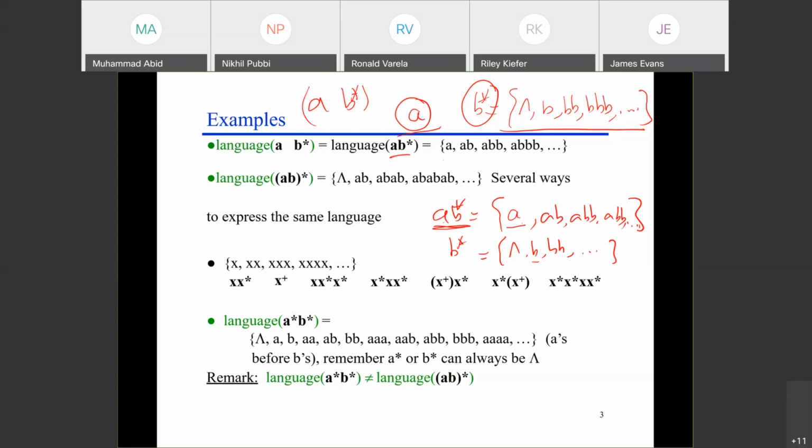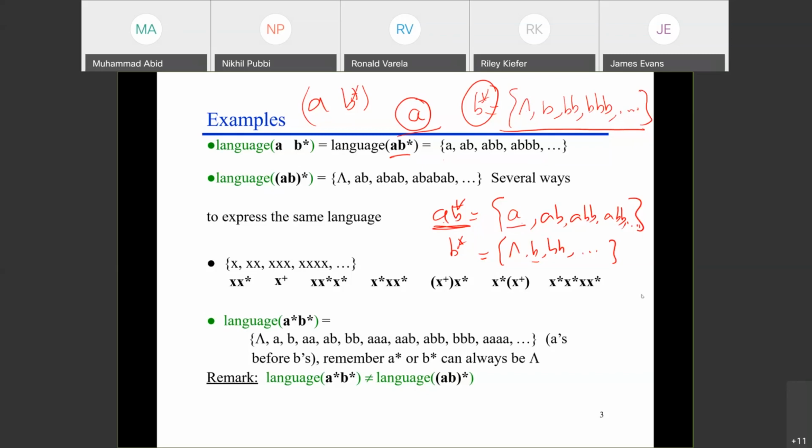You will never see a word start with B. You will always see a word end with B, or if B is not present, then there is only one A. You will never have more than one A in one word. You will always have exactly one A in your word. So this is the way you can express this in the English language.